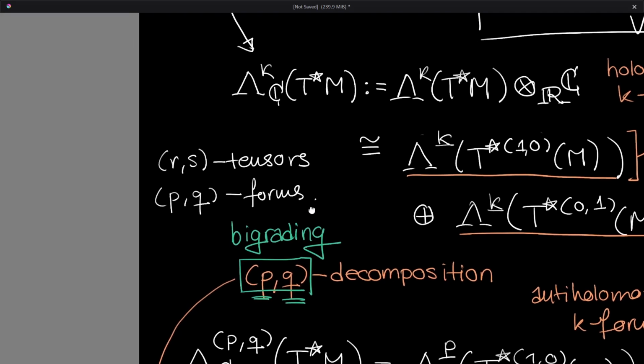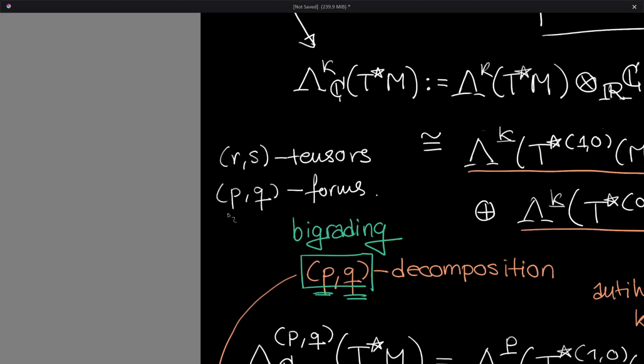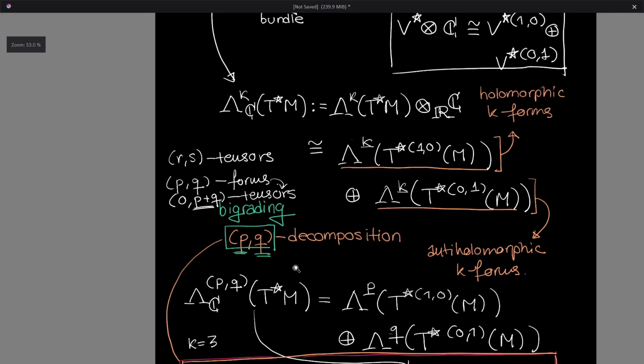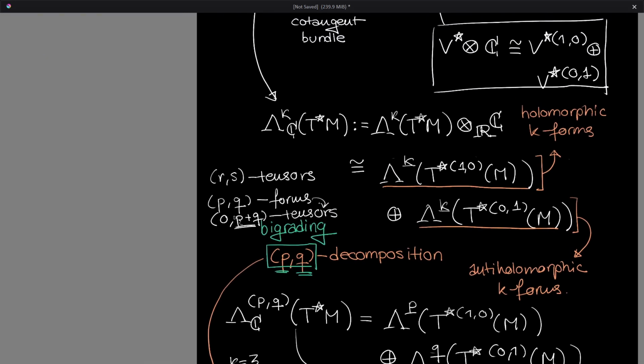And PQ forms are still tensors, so be careful. So PQ forms are 0, P plus Q tensors. They're covariant tensors where P and Q have to add up to give you the covariant rank of the tensor.